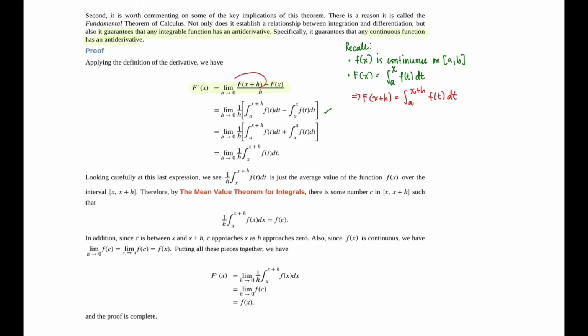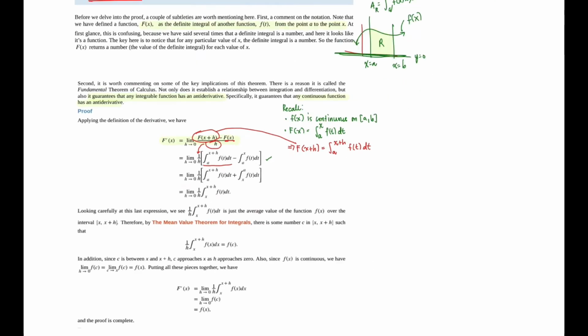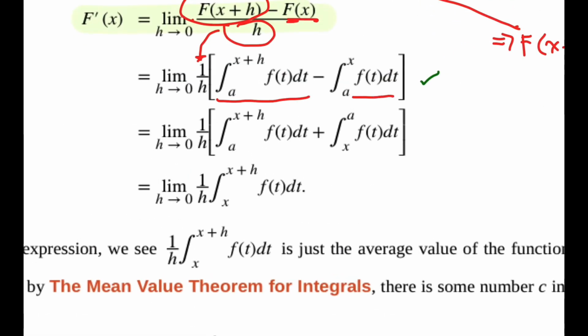The first thing that we did was factor this out of the fraction. Then, based on the premises of the theorem, big F of x plus h is equal to this, so we substituted that here. And big F of x, based on the definition, is the integral of f of t dt from a to x.